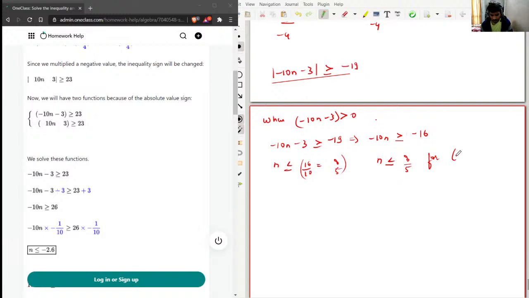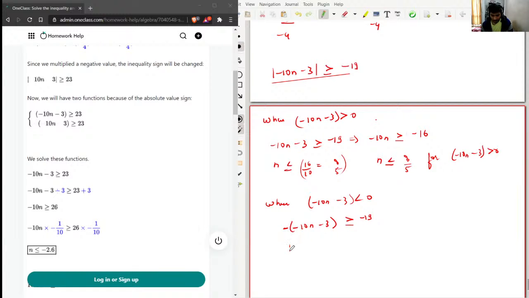This is for minus 10n minus 3 greater than 0, and when the term inside the magnitude is less than 0, we'll just write a minus sign here. So minus of minus 10n minus 3 is greater than equal to minus 19. Now we are not going to change the inequality sign, because this negative sign is just for the modulus, and we are not operating a negative sign on both the sides.